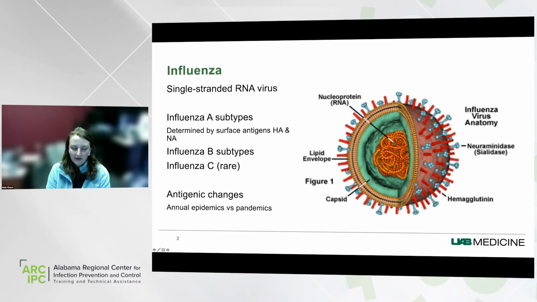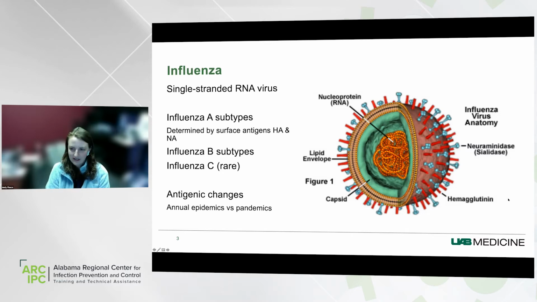And the key with flu, and the reason why annual flu vaccines are so important, and the reason why to date we do not just have one universal flu vaccine, is this concept of antigenic change. And so often we have some recombinations or some slight changes to those neuraminidase and hemagglutinin antigens.